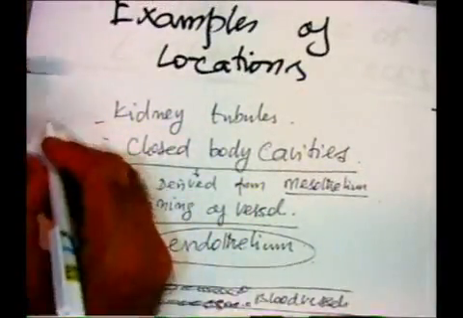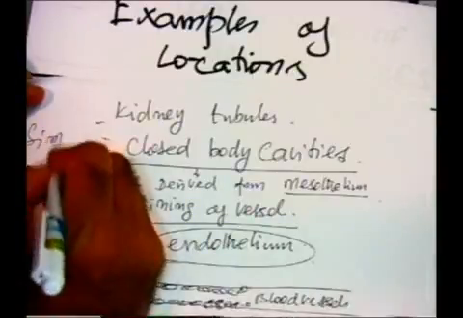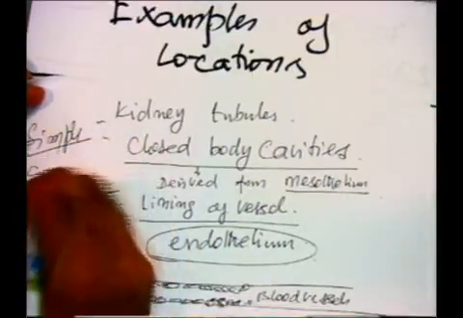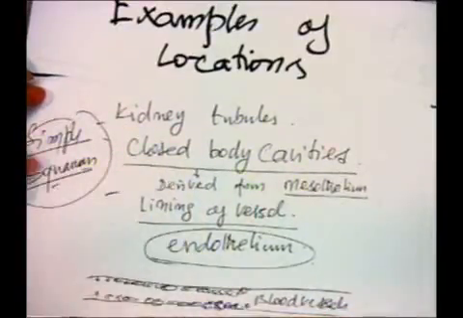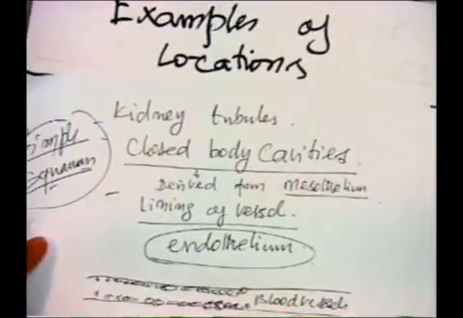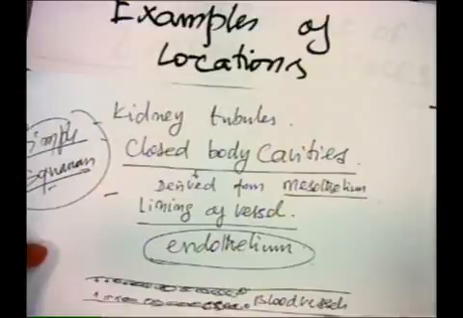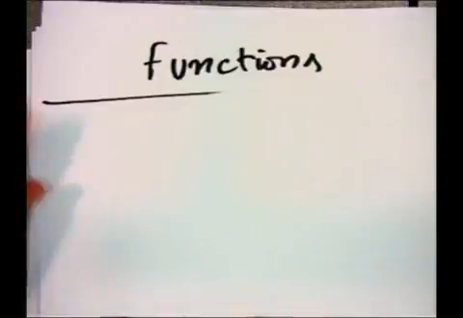What we are looking at now is the simple squamous epithelium. Simple squamous epithelium is present over here. Okay, what are the functions of this simple squamous epithelium? What are the functions? Coming back to the functions. Okay, good. What are the functions of this epithelium?